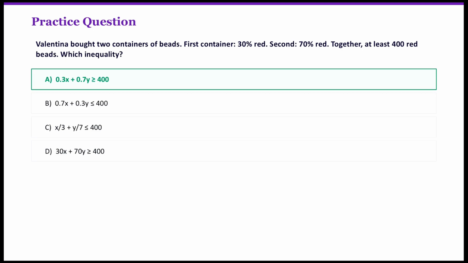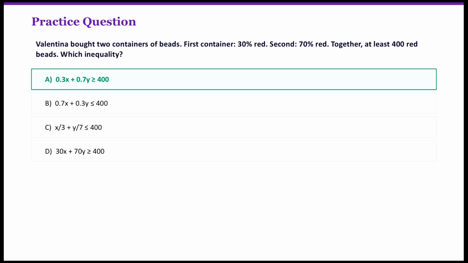So you can simply try formulating the inequalities first. Think about the situation. The first one has 30% red, the second one has 70% red. We can assign them variables. The first one we can call x, the second one we can call y.